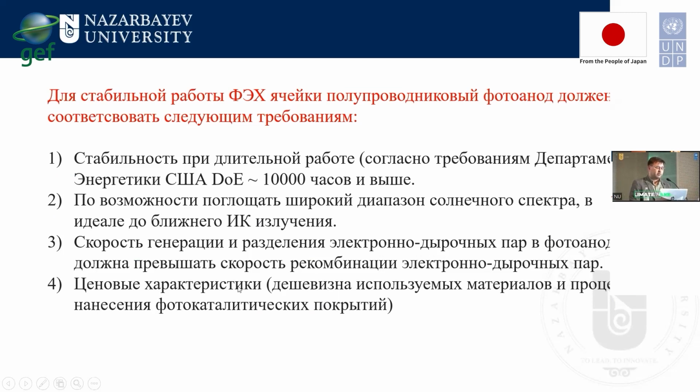The rate of generation and the rate of separation in the photoanode should be higher than the rate of recombination of electron and hole pairs. Otherwise, if it's not generated, there will be no reaction. And the last requirement is, of course, economics.